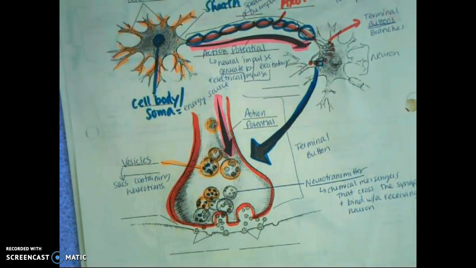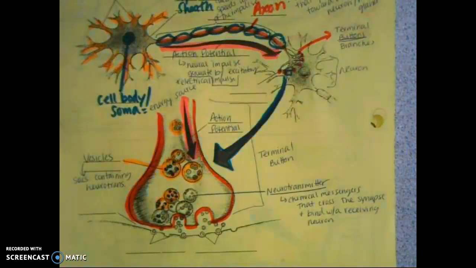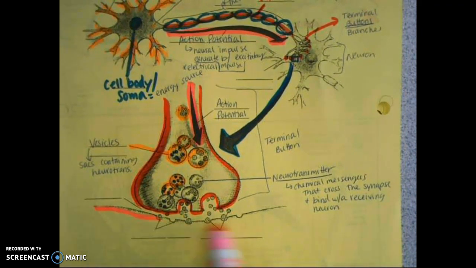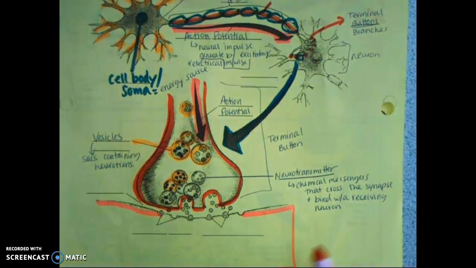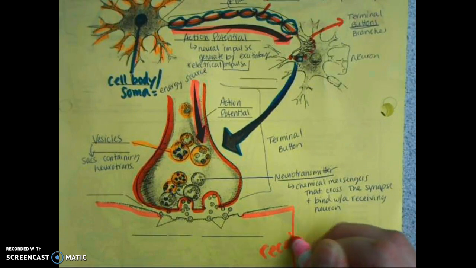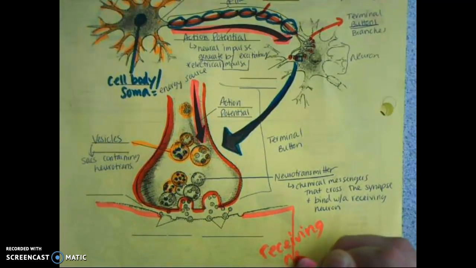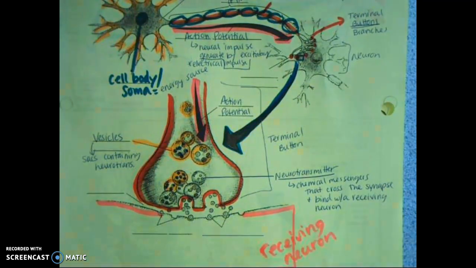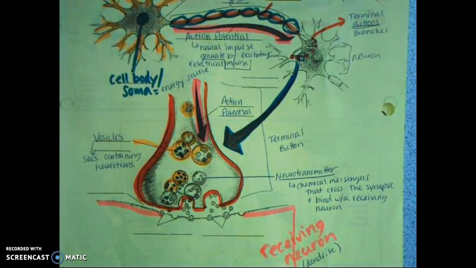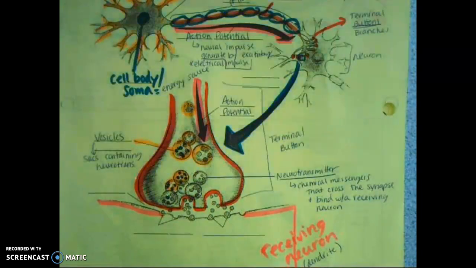Okay? So there's a couple of vocab words that were mentioned there, right? So that means that this right here would be the receiving neuron. More specifically, this would probably be the dendrite of a receiving neuron, because we talked about how dendrites receive information. Okay, so here's the dendrite of the receiving neuron.